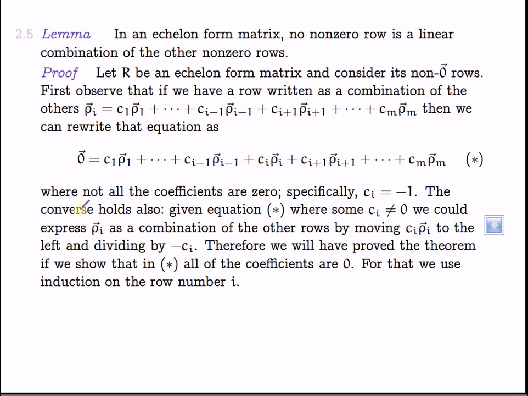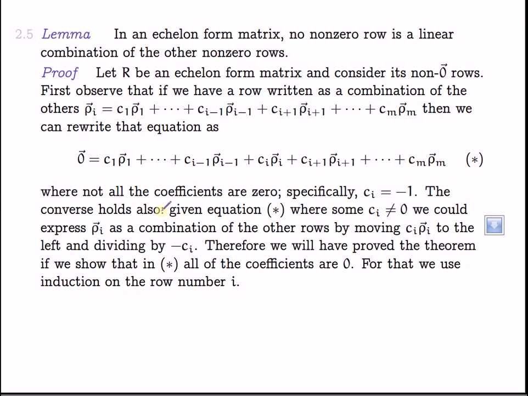And these coefficients can't all be 0, otherwise you can't say that this is a non-trivial linear combination of these rows. If we take the row I to the other side, then we're going to have a minus row I term, and that means that the coefficient of row I in this expression is -1.